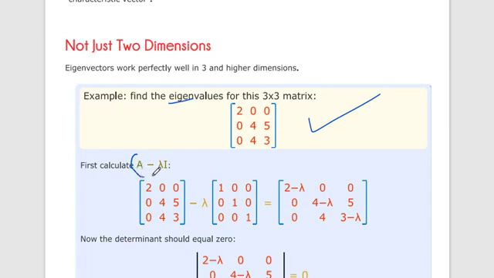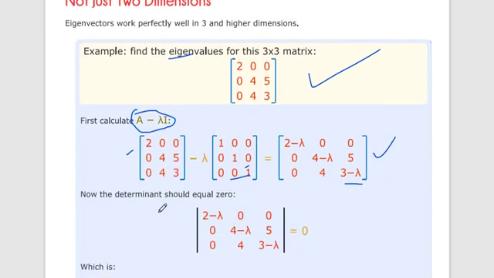First we calculate A minus lambda I, where I is the identity 3 by 3 matrix. So we now have 2 minus lambda, 4 minus lambda, 3 minus lambda on the diagonal, and the 4 and 5 will remain the same because the identity matrix is 0 there. So this is our A minus lambda I. Now this determinant should be equal to 0. The determinant of this 3 by 3 matrix is equal to 0.